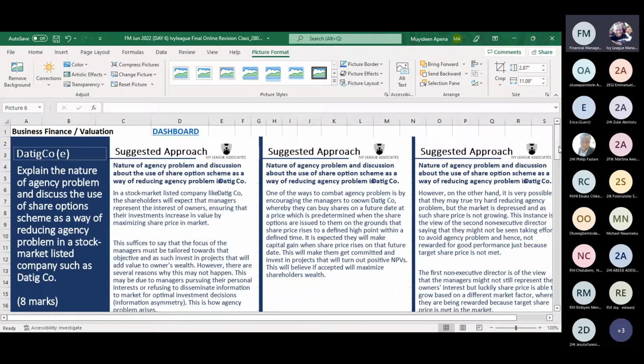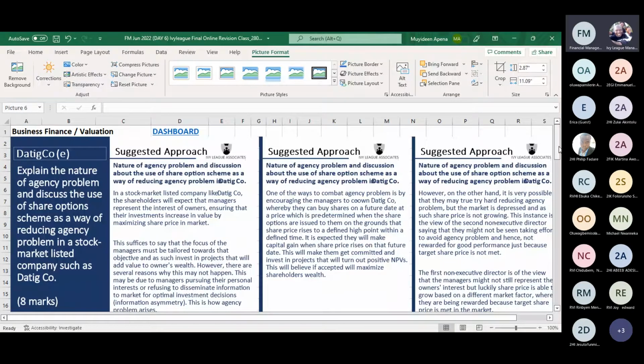It means the managers will be entitled to buy the shares of the company at a future date, at a price that will have been predetermined at the current time. So in the near future, they can buy the shares at a price predetermined today, on the grounds that the share price will rise to a certain level.